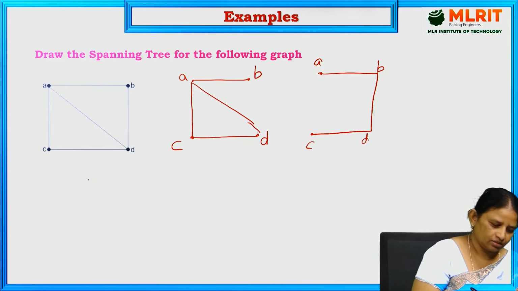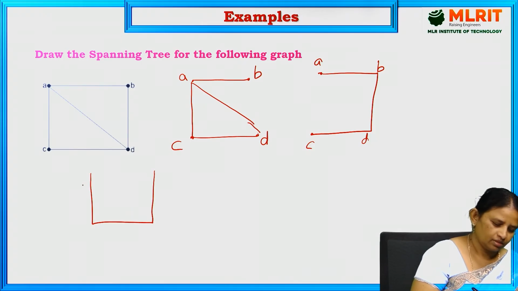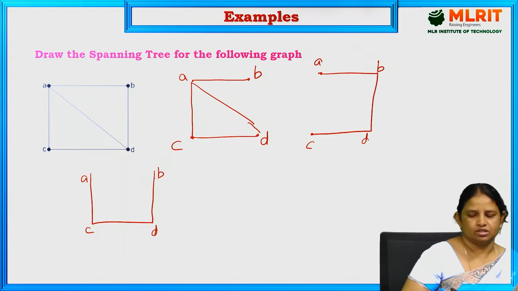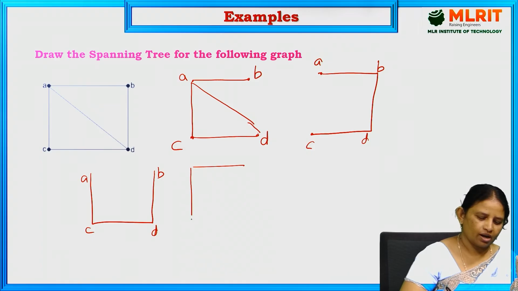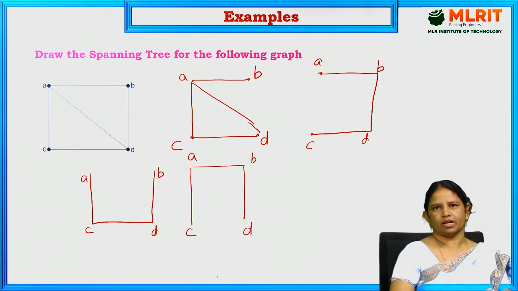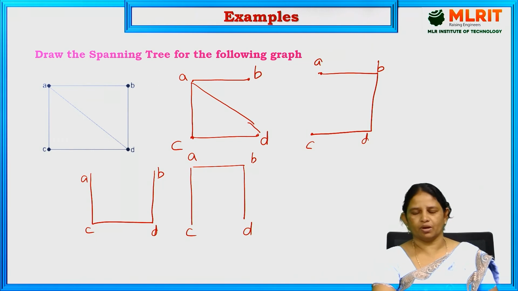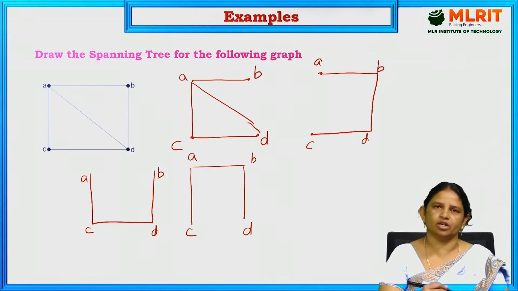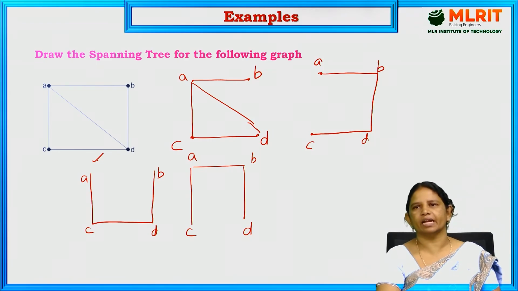Next, A, C, D, B. This is also one spanning tree. So for one graph, we can draw any number of spanning trees, but a minimal number of edges are kept: all the vertices are present, but not all the edges. For this single graph, we can draw any number of spanning trees.